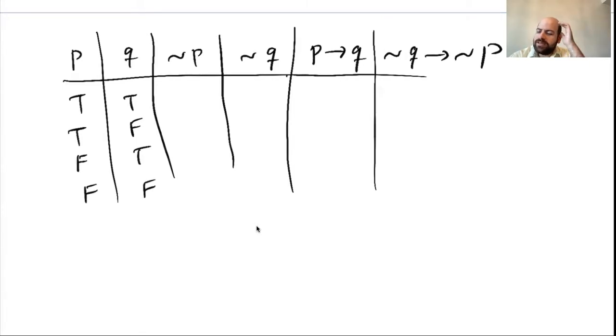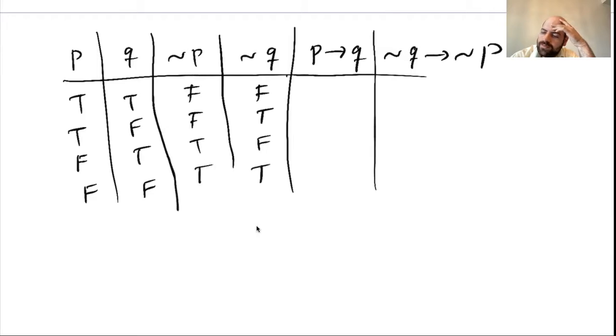So in this case, if both are true, then both negations will be false. And this will be false, true, true, false, and true, true. In the first row, true implies true will be true. Negation Q implies negation P will be false implies false, which is also true.